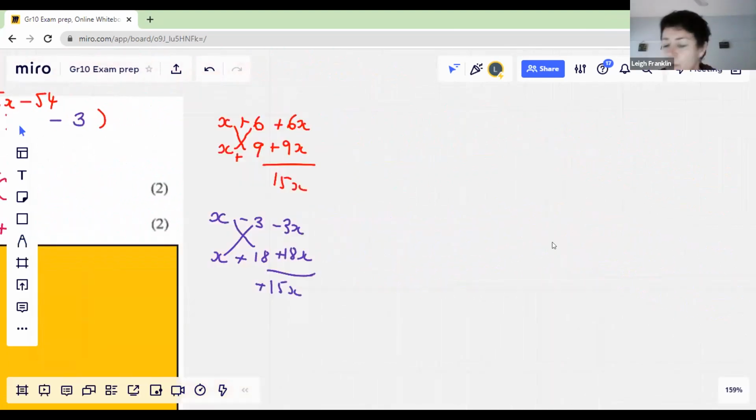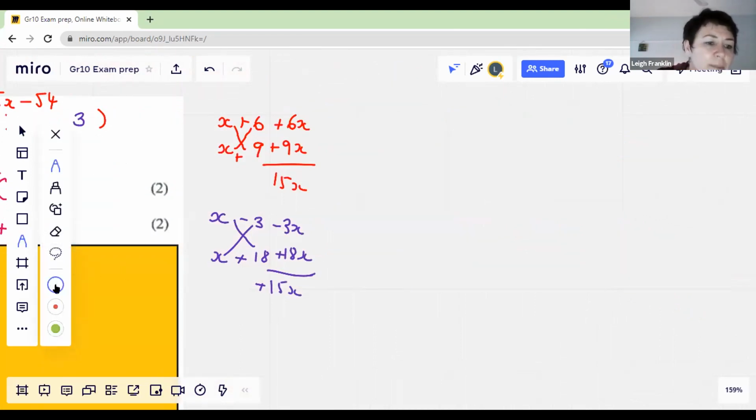All right, so if we're talking about trinomials, we've got 4 different types of trinomials that we can have. So let's say we've got x squared plus 7x plus 12. Okay, this is essentially type number 1, where our middle term and our last term are both positive.